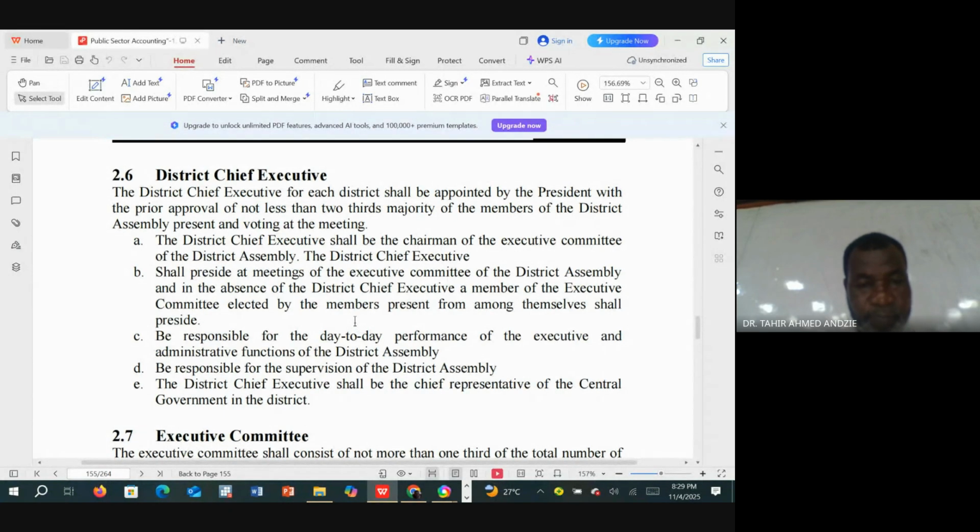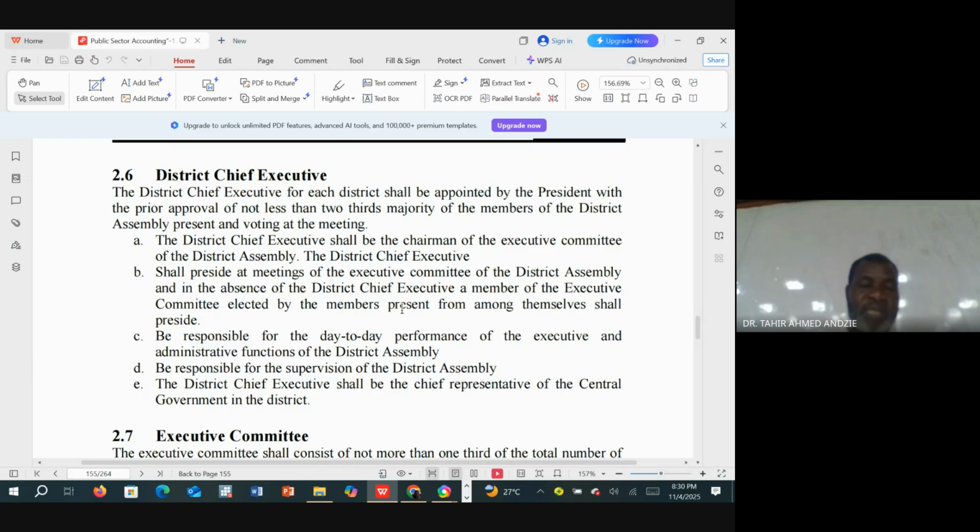Then we have the functions of the district chief executive, saying that the district chief executive shall be the chairman of the executive committee of the district assembly. The district chief executive shall preside at the meeting of the executive committee of the district assembly, and in the absence of the district chief executive, a member of the executive committee elected by the members present from among themselves shall preside.